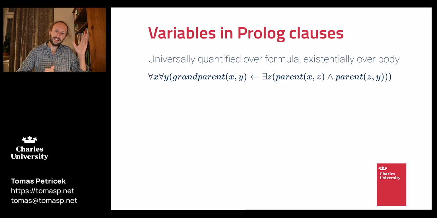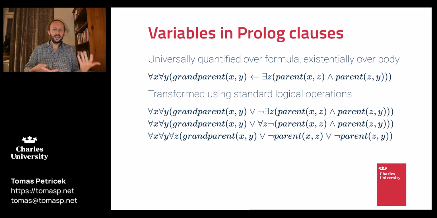If we say that X is a grandparent of Y if there is a parent of Y, Z, and a parent of Z, X, this really means we're saying that for all X and Y, there exists some Z such that Z is the link between the two people. And if you apply the usual logic operations to this, you can see what this corresponds to.